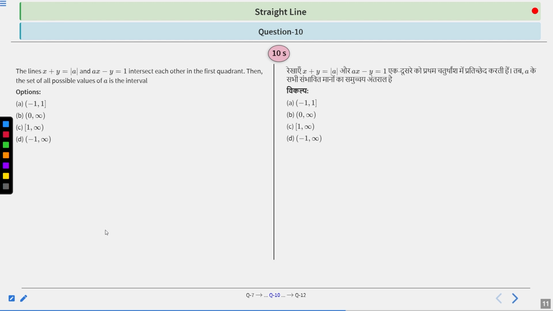First you will find the point of intersection of these two lines, and since this point of intersection is lying in the first quadrant, the x coordinate will be greater than 0 and the y coordinate will be greater than 0, right? By applying this, you can easily get the possible interval of a. So in this way, you can try to approach this question. You have 10 seconds to solve or think about this question. After 10 seconds, we will discuss the solution part, right?